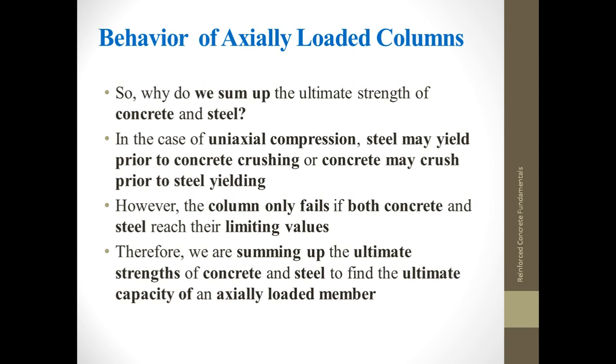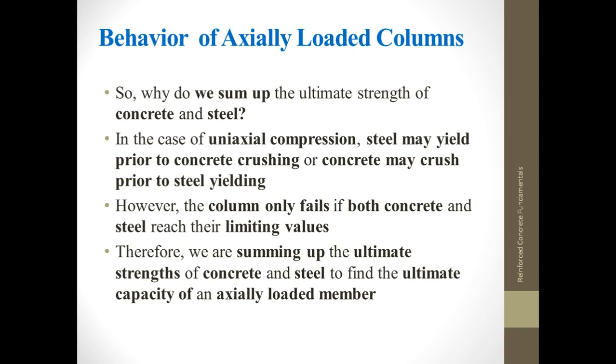However, the column only fails if both concrete and steel reach their limiting values. Limiting values we are mentioning here are both of their ultimate strengths. Since we know that the failure of an axially loaded member happens only when both the concrete and steel reach their limit strengths, we are summing up their ultimate strengths.